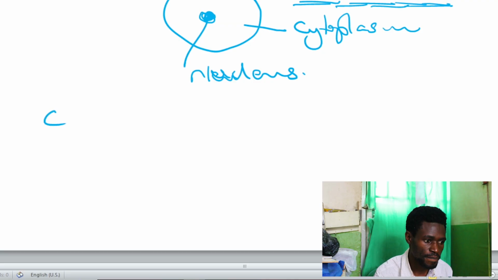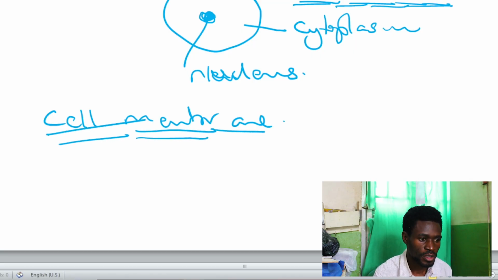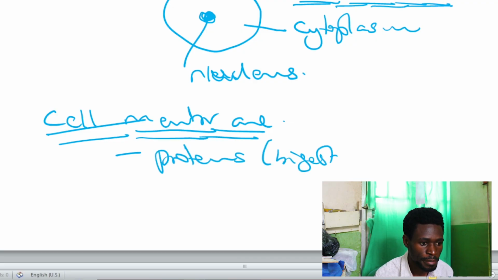The cell membrane is composed of proteins, which make up the biggest percentage of the cell membrane.